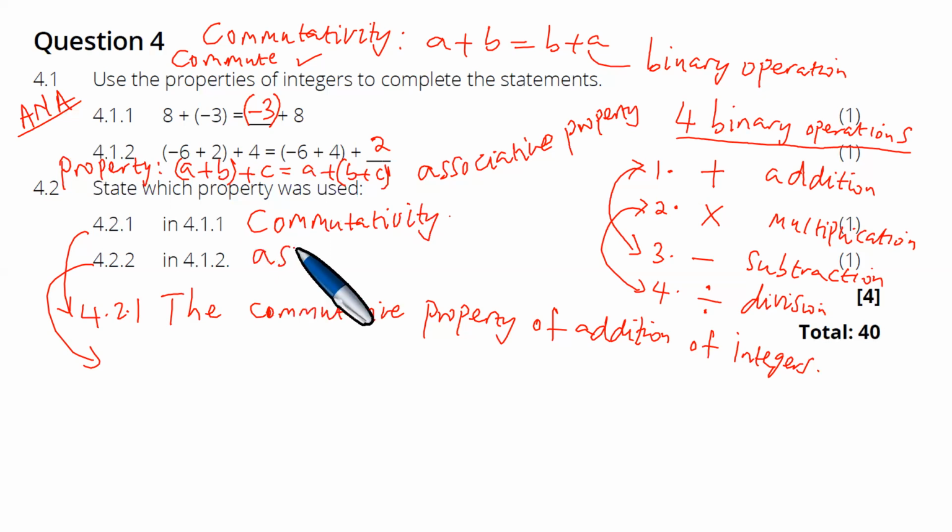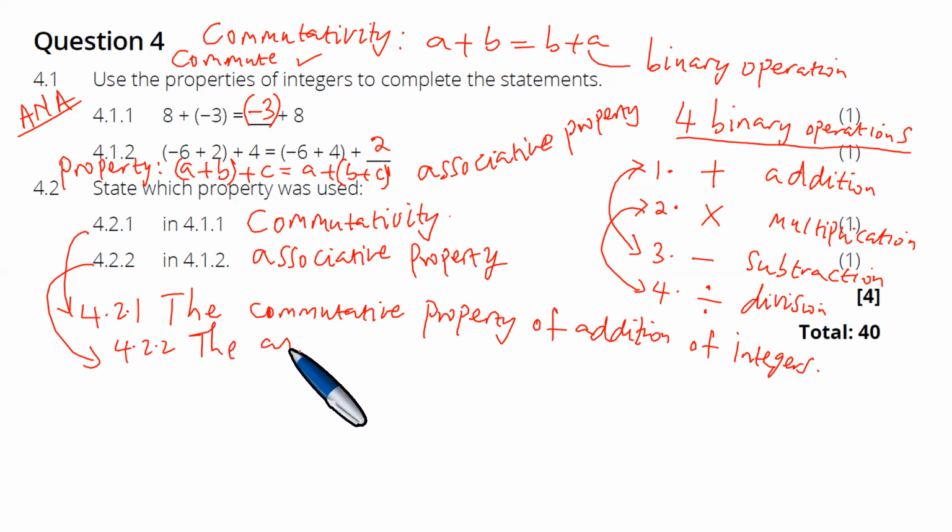And this property is called the associative property for integers. Associative property. So now it means we have the associative property of addition.